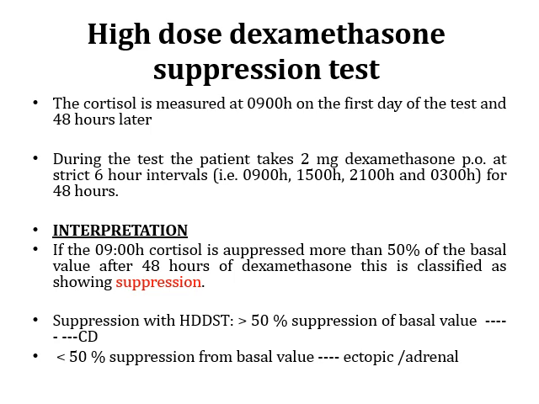If it is more than 50% suppression, it is said to be a case of Cushing disease, while if it is less than 50%, it is said to be a case of either adrenal or ectopic Cushing. In our case, it was 42, and then after the test it is 12, so it is a case of Cushing disease.